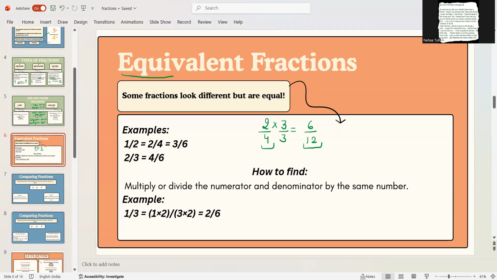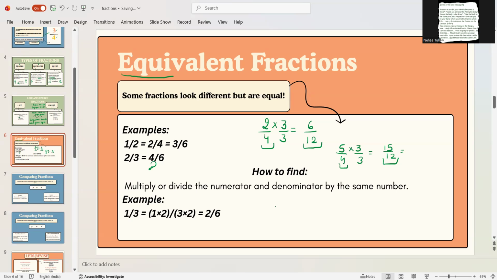If I take an example like 5 upon 4 and 3 upon 2. So we will get 15 upon 12. That is 15 upon 12 is equals to 5 upon 4.